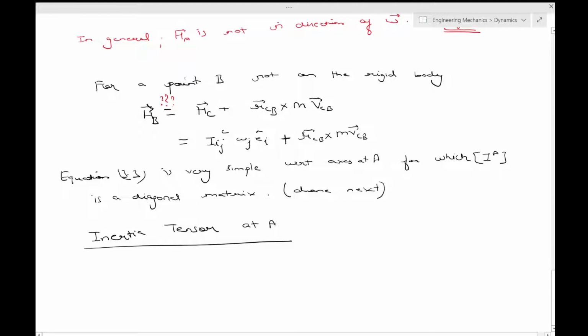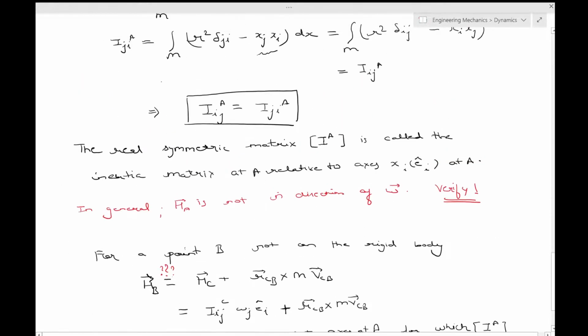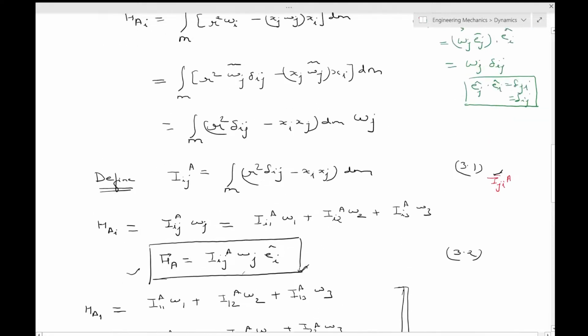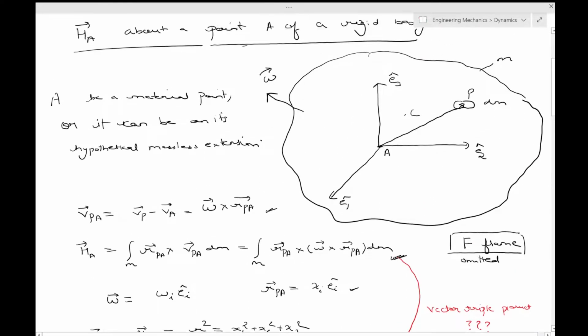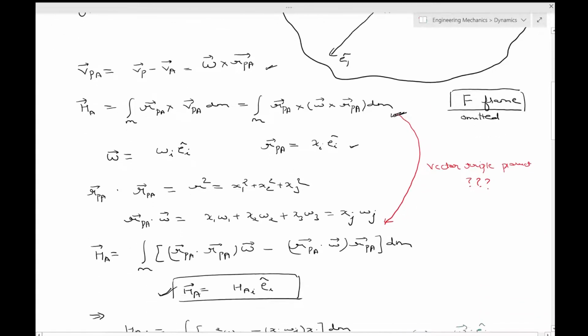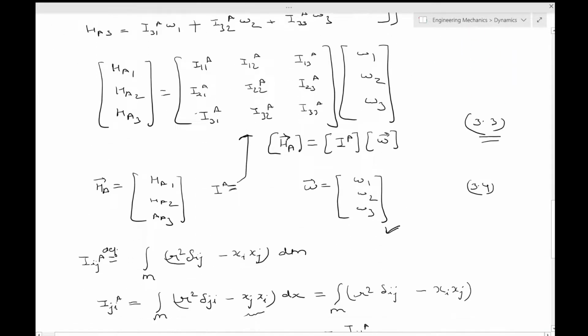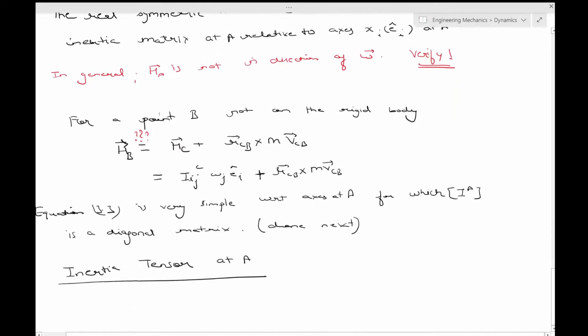Now, other than this body, we have already drawn this, right? It's a whole body of mass m. We have taken a small mass dm. Let me do something else over and above this.